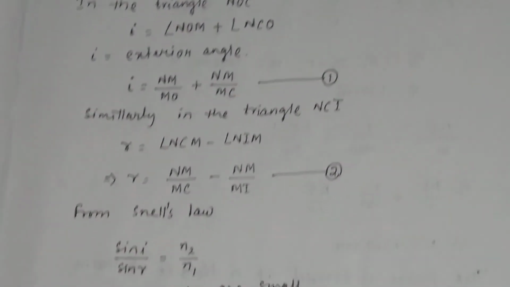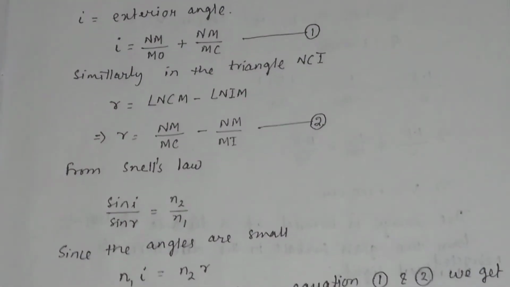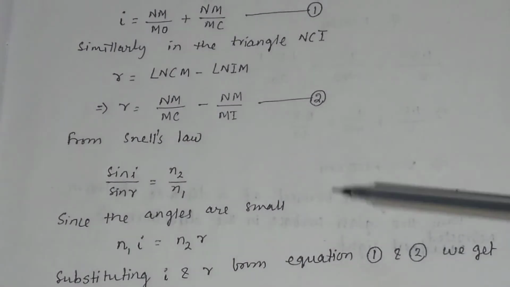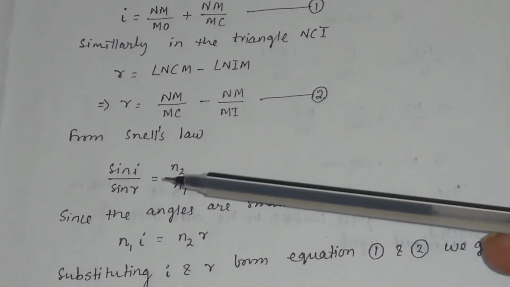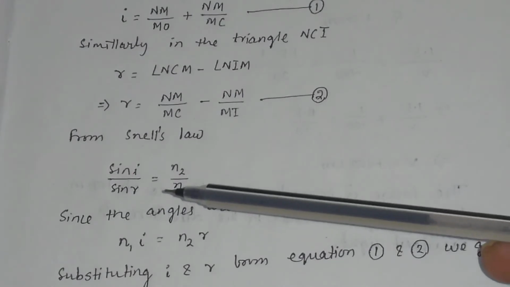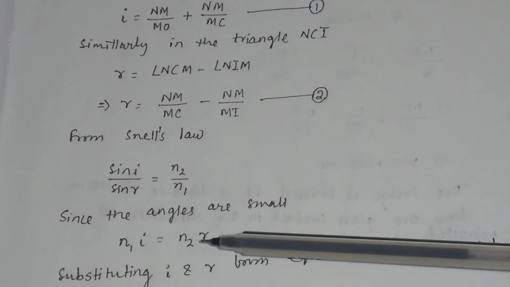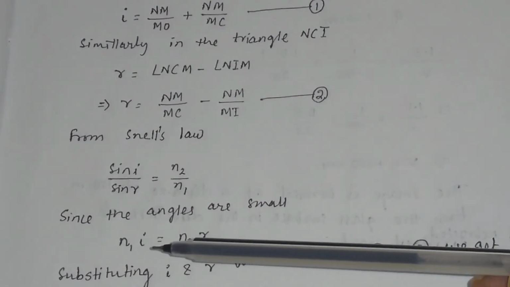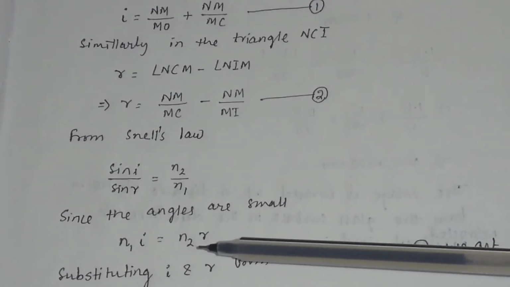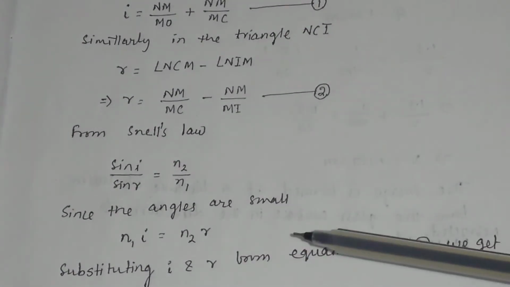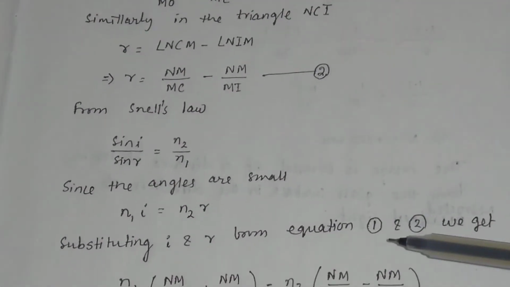And from Snell's law we know sin i by sin r is equal to n2 by n1. And for small angle theta, sin theta can be taken as theta. So here sin i can be taken as i and sin r as r. So n1 i will be equal to n2 r. Now put the values of i and r from equations 1 and 2.